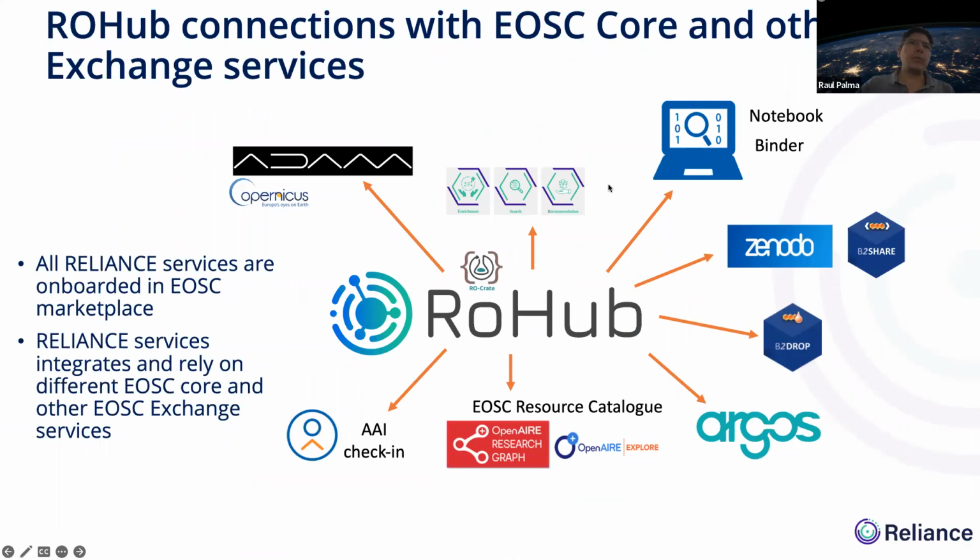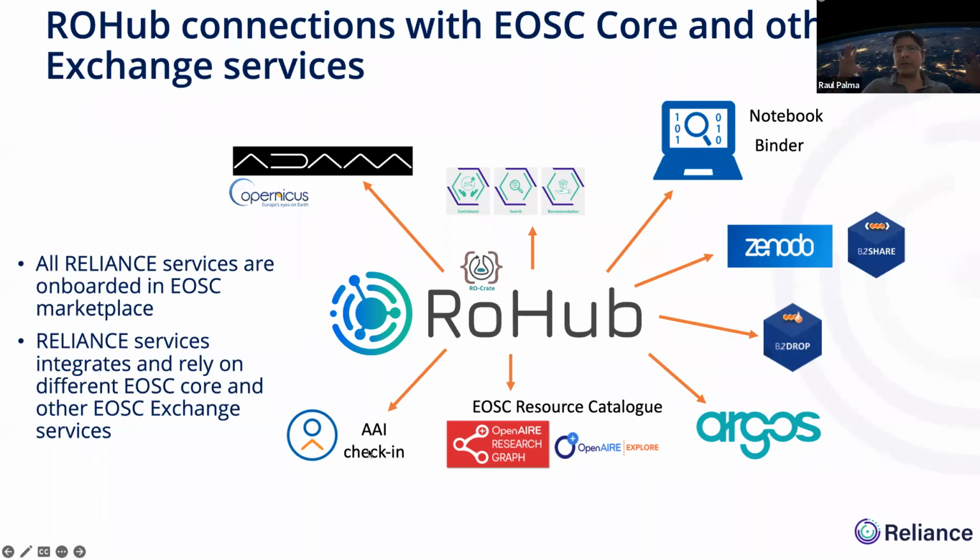These are the integrations that we have already in RoHub. Basically, you have here the Adam platform, an Earth Science data cube platform. This is another service of Reliance, but of course you can access this from RoHub. The text mining enrichment services that I mentioned are also from Reliance. And then we have EGI Notebook, EGI Binder, Zenodo, B2Share, B2Drop, Argos, the OpenAIRE Research Graph, and the EGI Check-in.